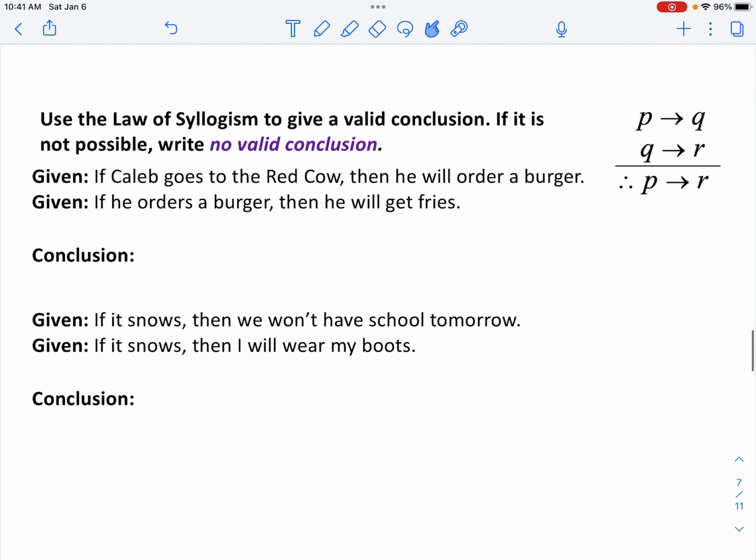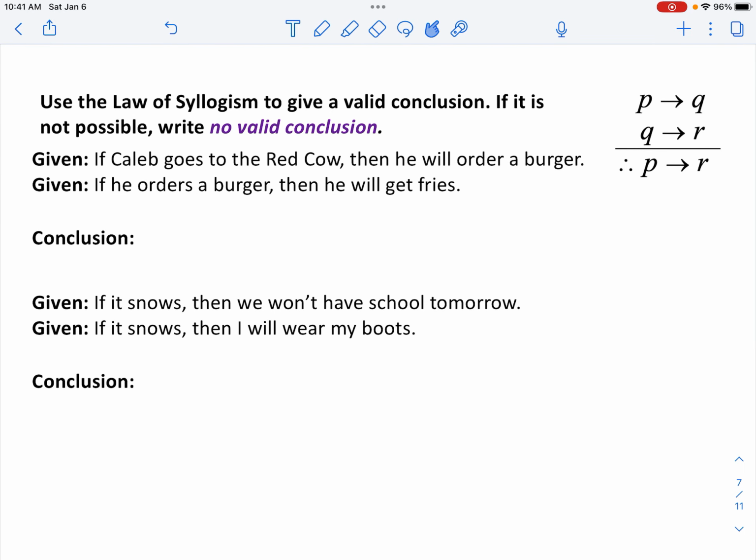All right, let's try this a couple of times and make sure that this makes sense. If Caleb goes to the Red Cow, so this is P, then he will order a burger, Q. And then if he orders a burger, this should match this. It does. So Q. Then he will get fries. That should be different.